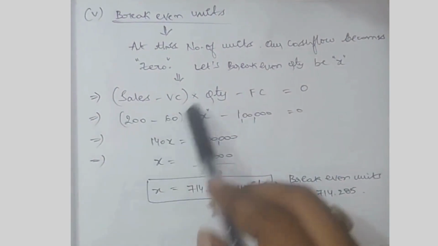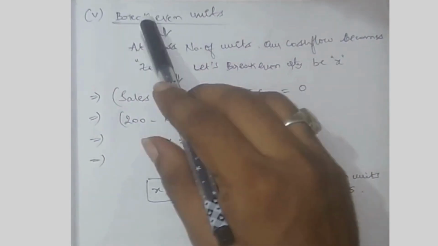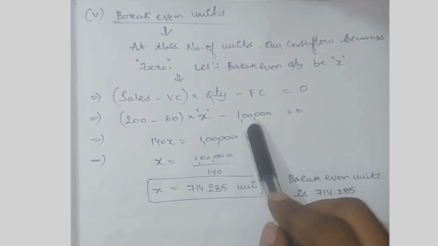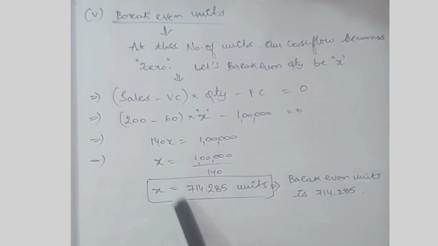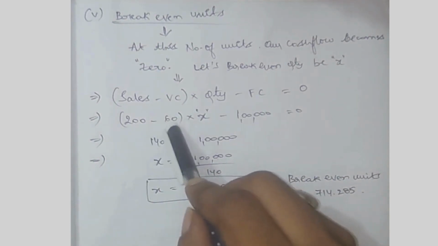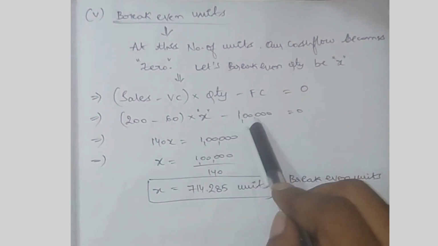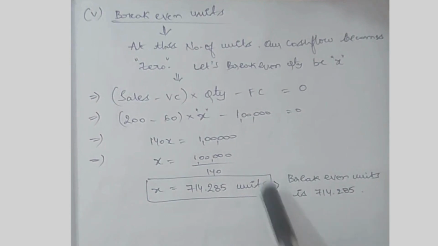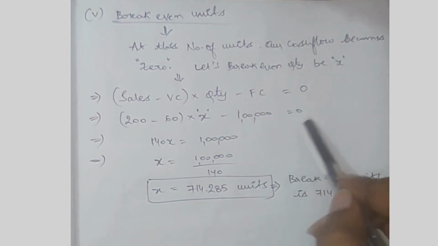Now we know the sales value, the variable cost and the fixed cost, and we don't know the quantity of break-even units, so let it be X. If you solve the equation, X equals 714.285 units. It means that if we sell this number of units at a 200 rupees sales price with 60 rupees variable cost and a fixed cost of 1 lakh rupees, then we have no profit or any loss.